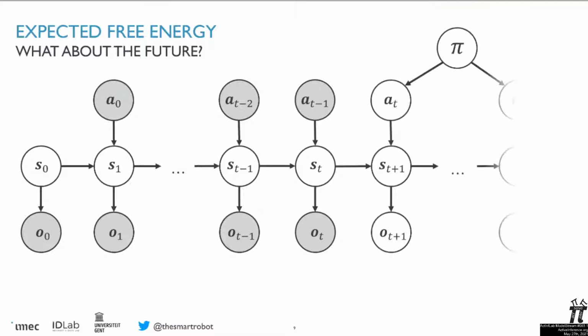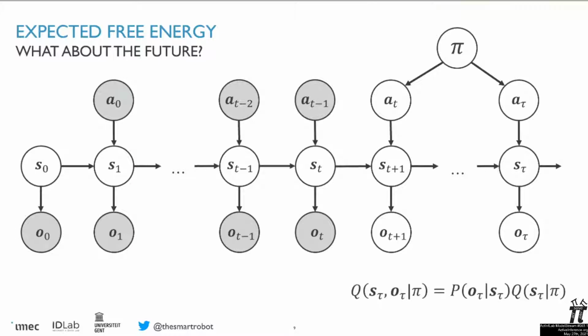But in the future, things change a bit, because now you don't know what you will observe, and you also have to select the actions you will do. We denote the actions as being generated by a so-called policy, which is just a certain sequence of actions.